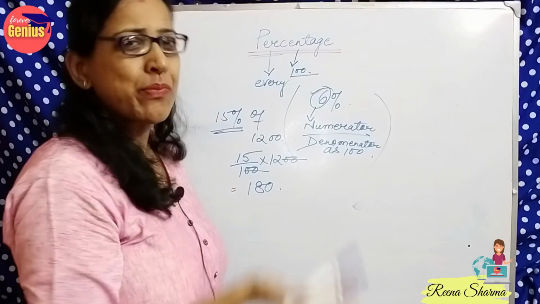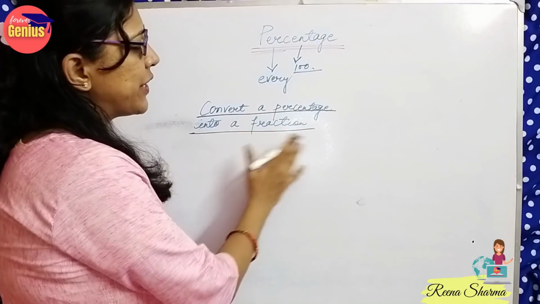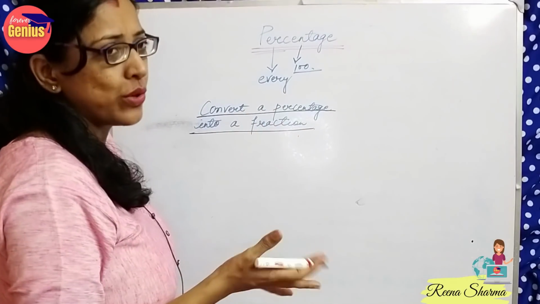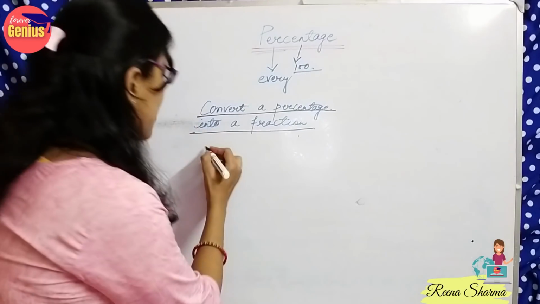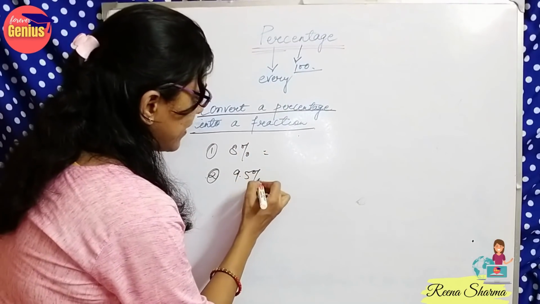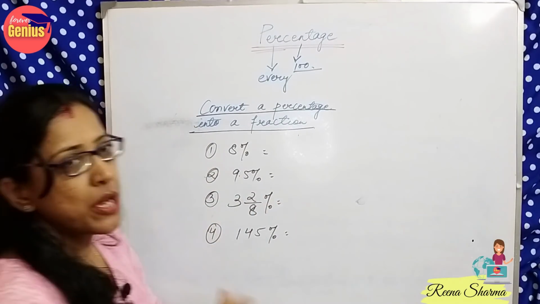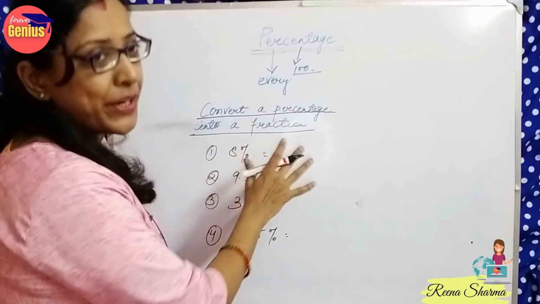So let's practice. If I have to convert a percentage into a fraction, how to do? Let's see some examples. Suppose 8%, 9.5%, 3 by 8%, 145%. So how will we do?